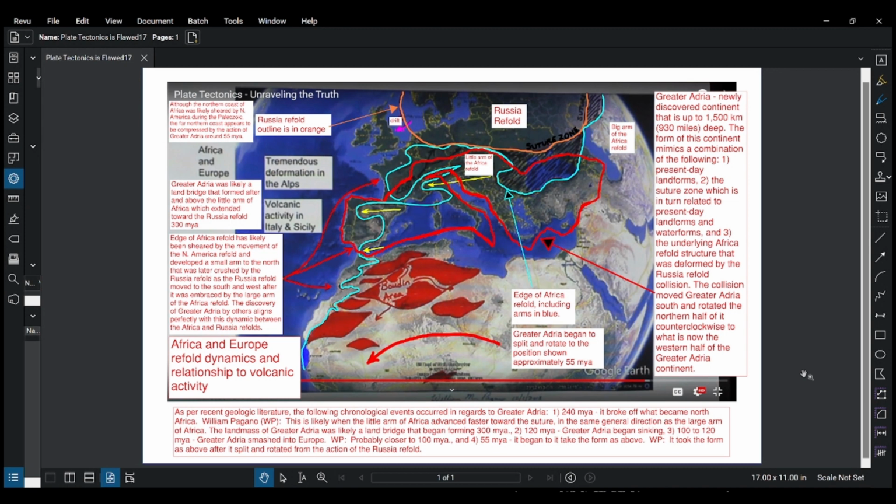Okay, what we have here is the microcontinent of Greater Adria outlined in red. See that here? Outlined in red. And you have the outline of the Africa refold with the arm over here, outlined in blue. And that arm, remember I was saying, got crushed by the Russia refold.